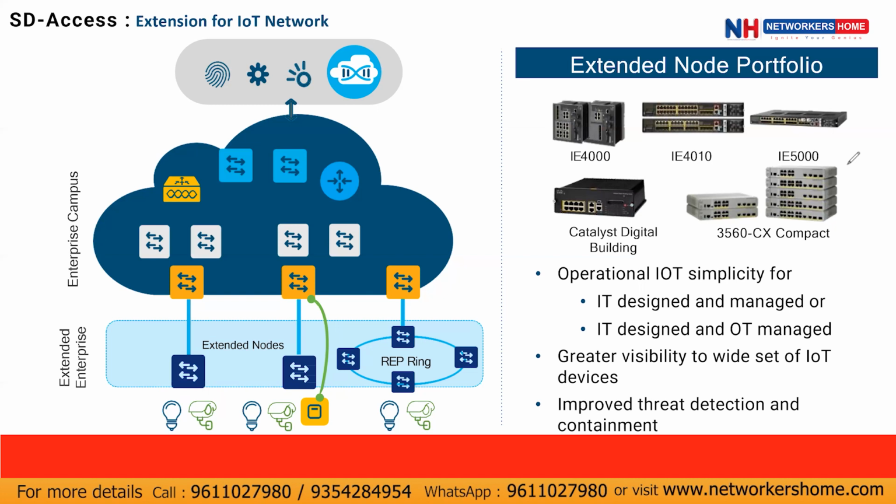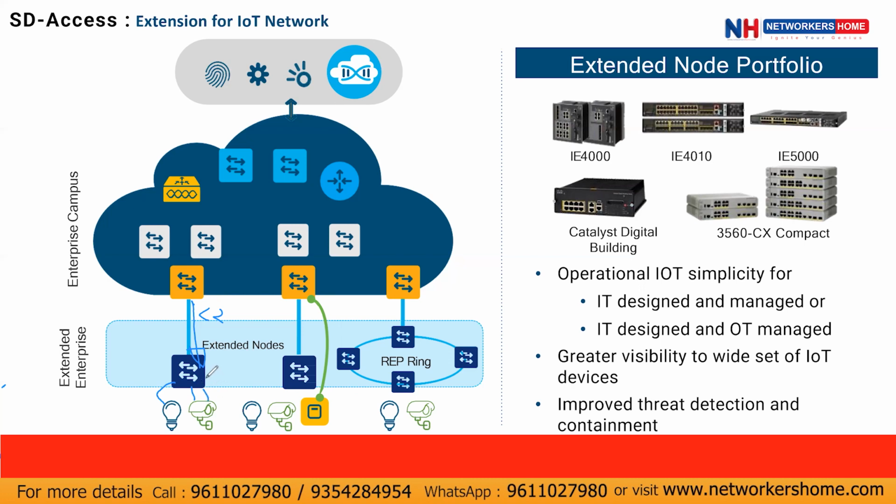How would you differentiate it from normal wired connectivity? So the extended node connects to the edge node using L2, and these IoT devices are not smart devices. Either it's a camera or smart lighting or a PA controller.